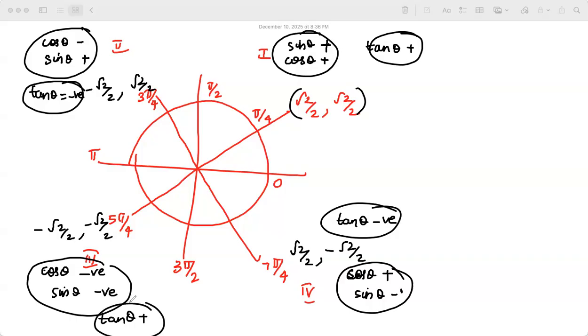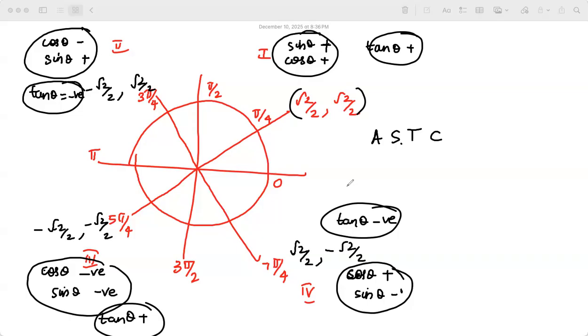Our teacher taught us an acronym to remember which ones are positive: all students take calculus. In the first quadrant, all of them are positive. In the second quadrant, it's just sine that is positive. In the third quadrant, only tan is positive, and in the fourth quadrant, only cos is positive.